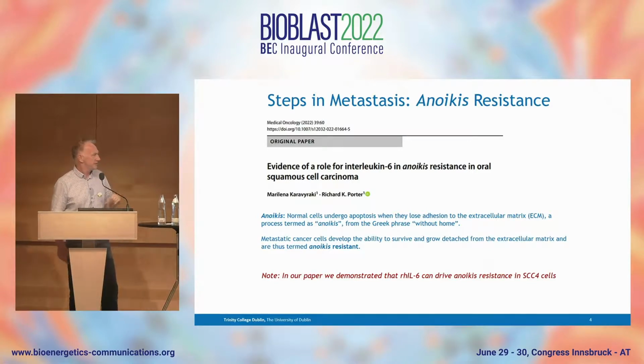Metastatic cancer cells develop the ability to survive and grow detached from the extracellular matrix, and thus are termed anoikis resistant. In the other part of Marilena's thesis, we were looking at that phenotype, and we were able to show that IL-6 drives anoikis resistance in oral squamous cancer cells. In particular, we could show that recombinant human IL-6 can drive anoikis resistance in the cells.